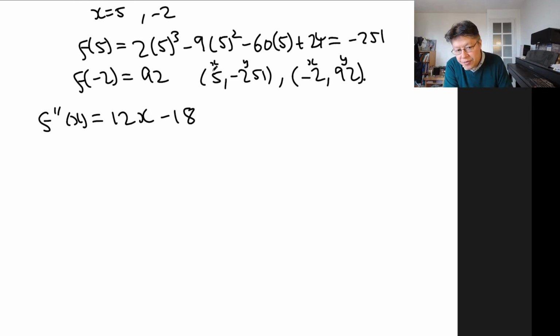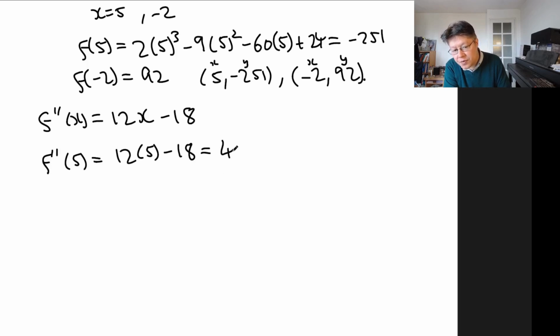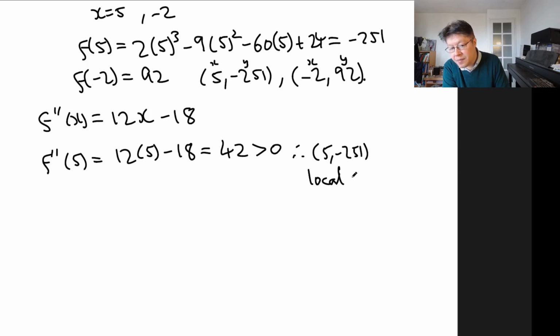So if we substitute the first x coordinate in, f double dash of 5, so that's 12 times 5 minus 18, that equals positive 42. So that's bigger than 0. So therefore, this stationary point, 5, minus 251, is a local minimum.